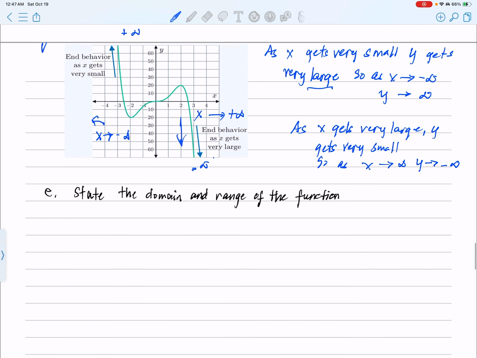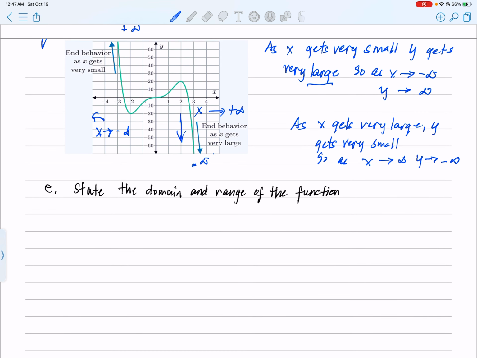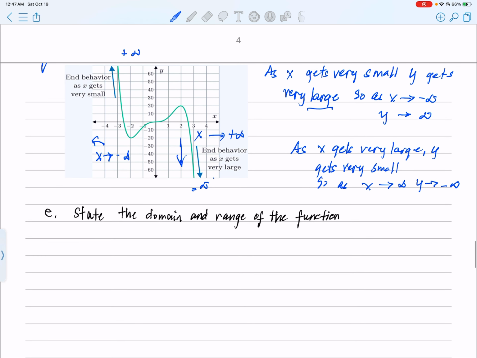State the domain and range of the function. So what can you say about the x values of the function?